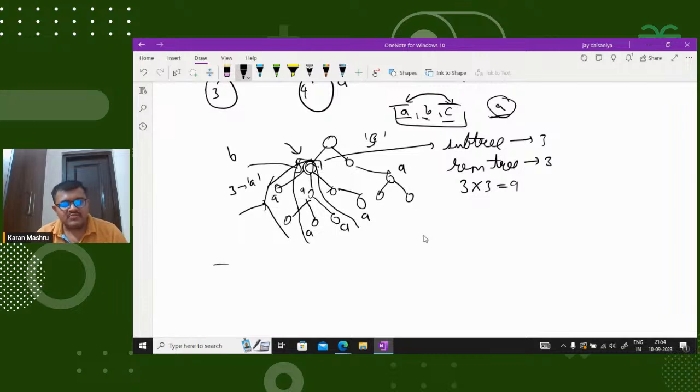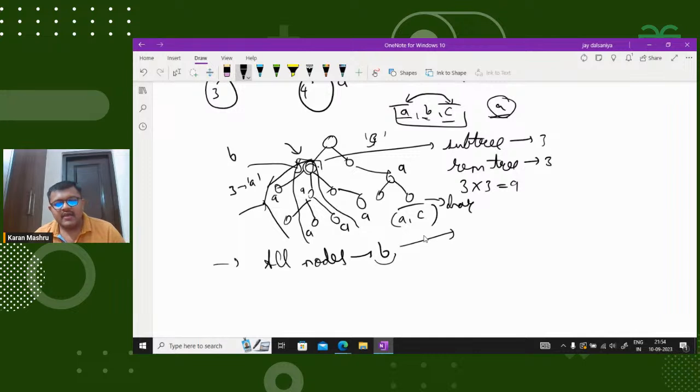So one by one I can consider all nodes as the center node B, and when I consider them as B, I have two choices to find nodes A and C. Both nodes A and C should have the same character. The first choice is both of them are present in its subtree but on different branches, then only it will be the center node. If there is an A here and an A here on the same branch, these three will not form a palindrome.